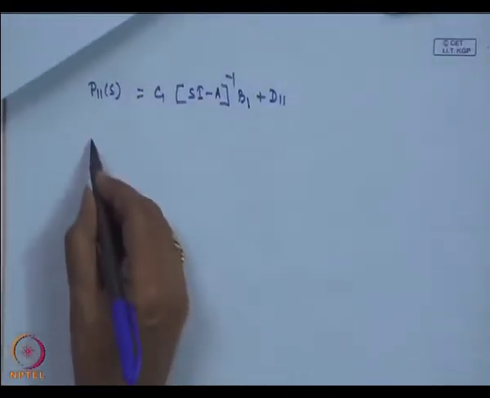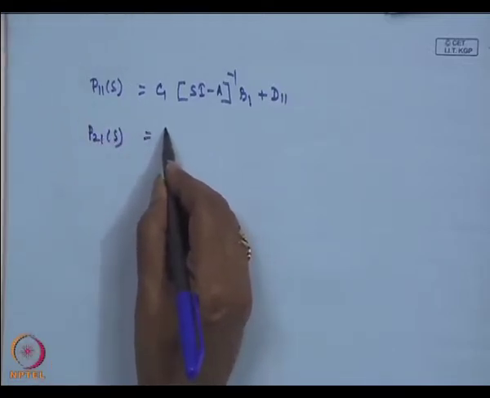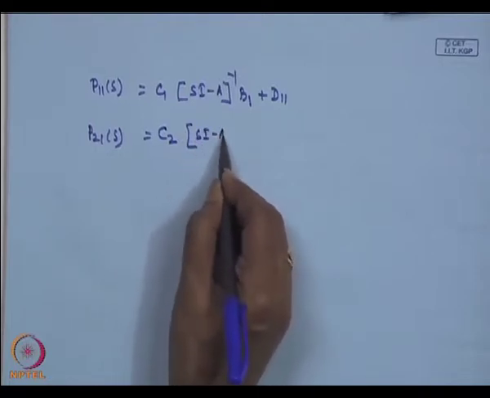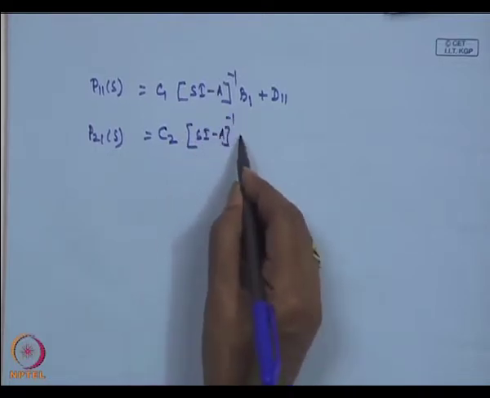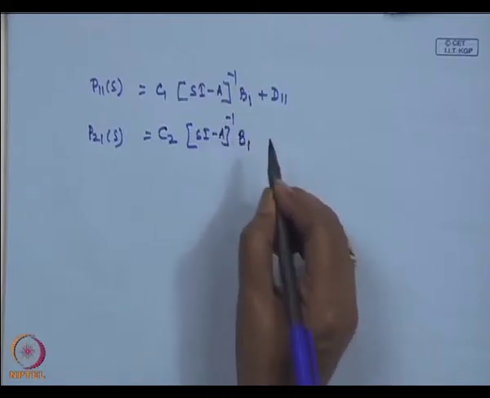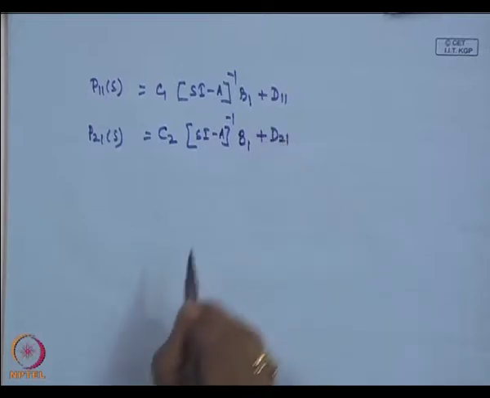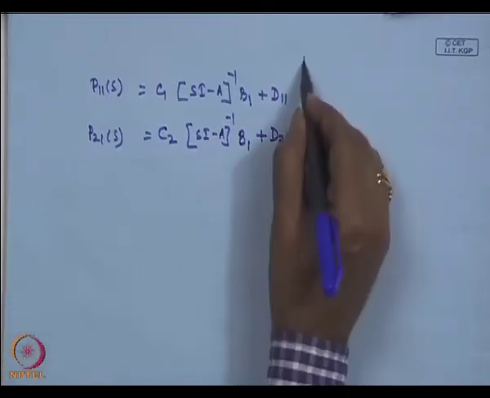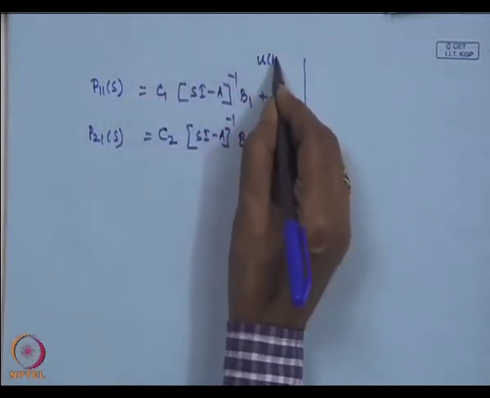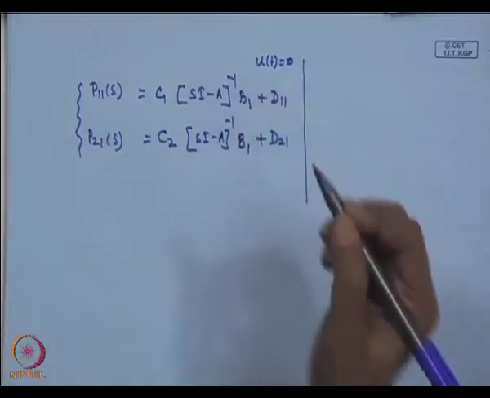So, again I will write P 21 s is equal to C 2 (s I minus a) whole inverse, then your B 1, then your D 21. When u of t is equal to 0, these two quantities I can get.